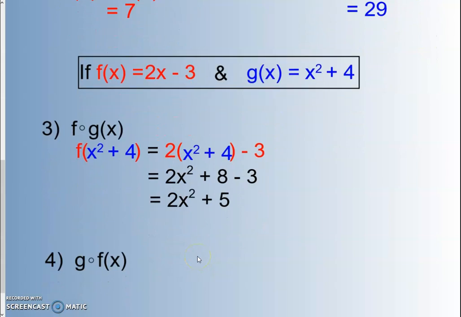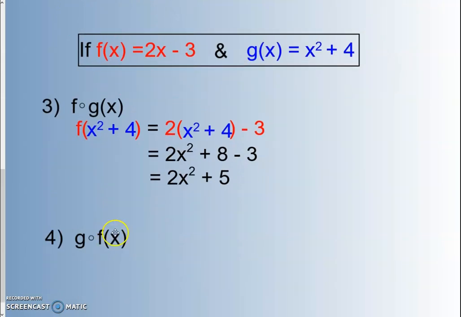Now, if we compose it a different way, if we start with f of x, and we drop that into the g function, again, you always start in the innermost set, and you expand your way out. Well, the g function is going to operate on the f function. So we put the f function into the g function. Well, the g function takes whatever it is, 2x minus 3, squares it, and adds 4.